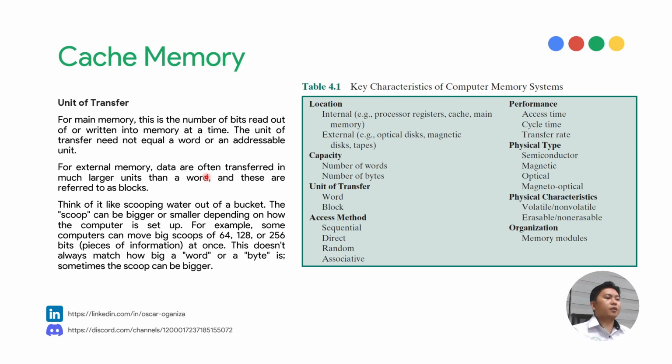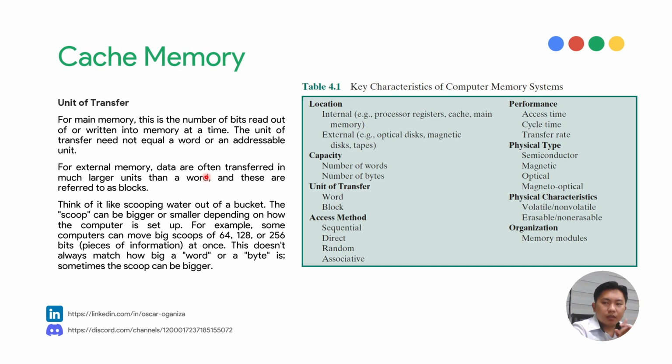So unit of transfer, ano naman ang tinatawag na unit of transfer? For main memory, this is the number of bits read out of or written into memory at a time. The unit of transfer need not equal a word or an addressable unit. For external memory, data are often transferred in much larger units than a word, and these are referred to as blocks.